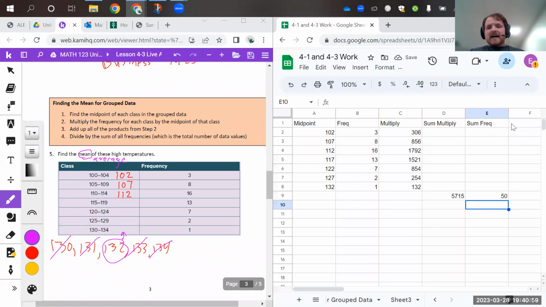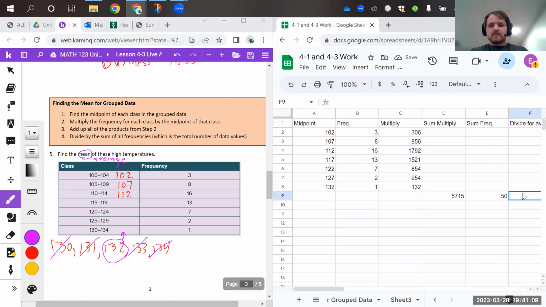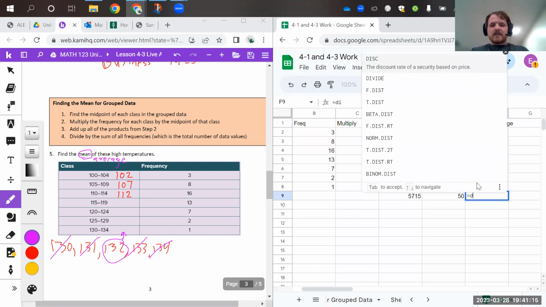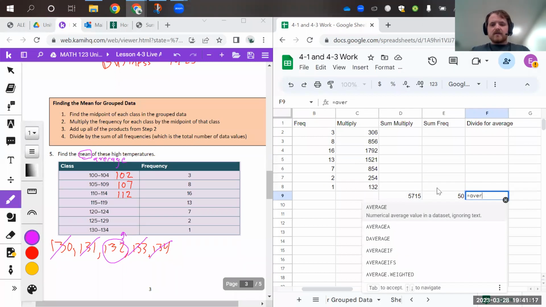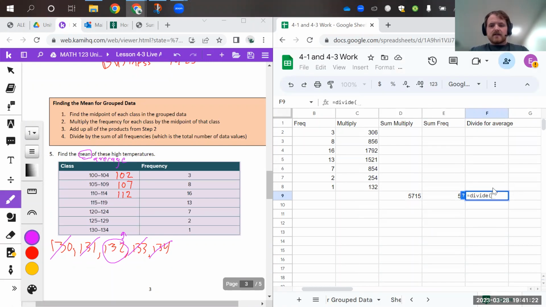Now I want to divide for the average, and I'm intentionally not using the average function; I'll explain why in a second. We wanted to divide 5715 by 50, which gives me 114.3 degrees.